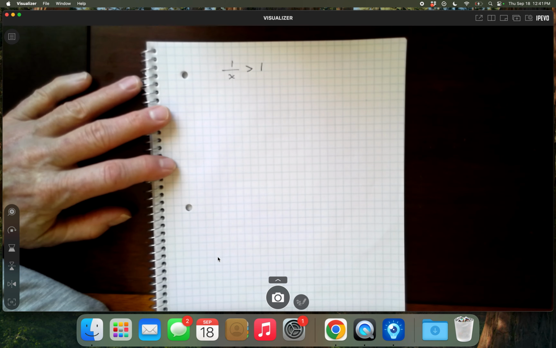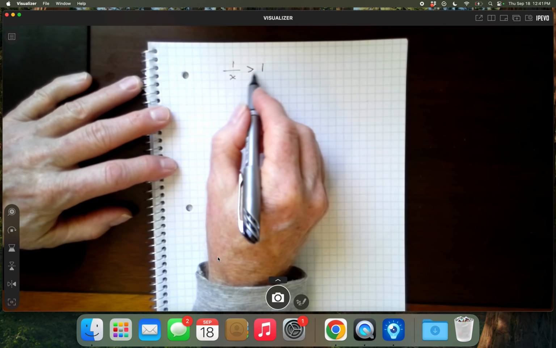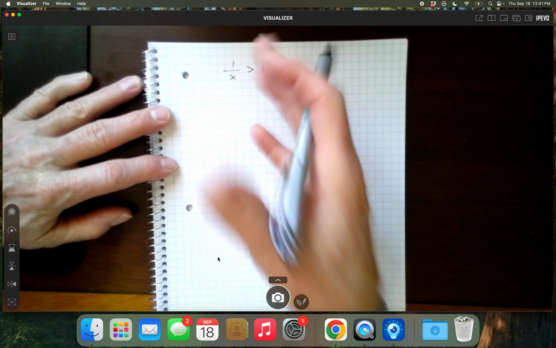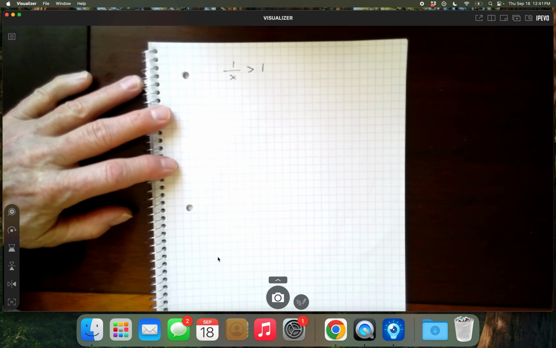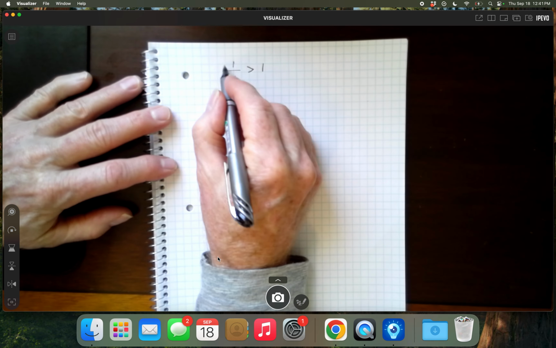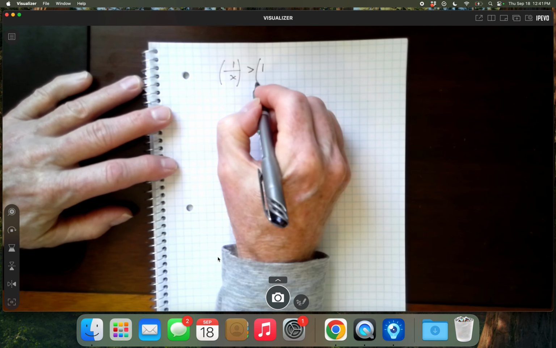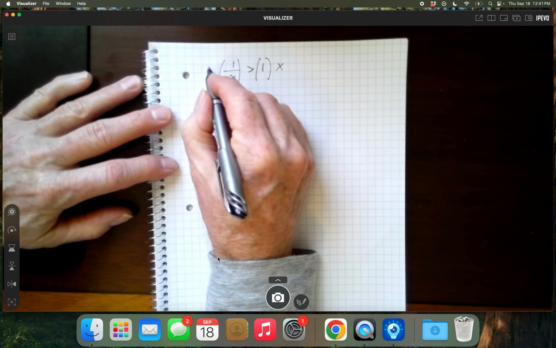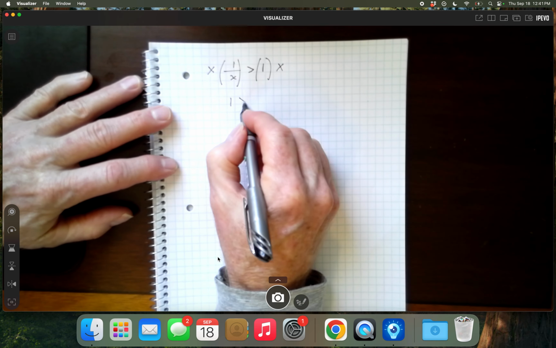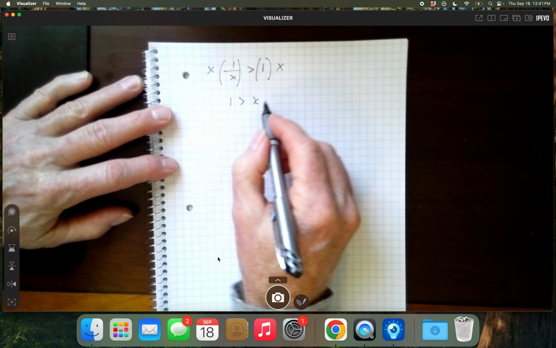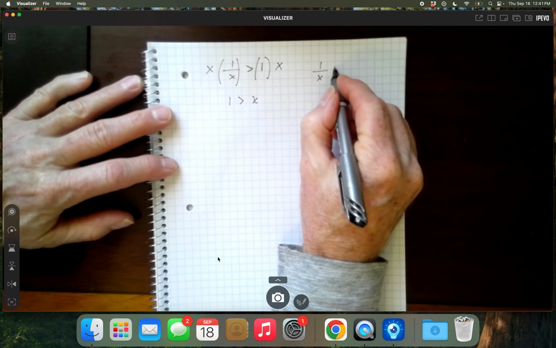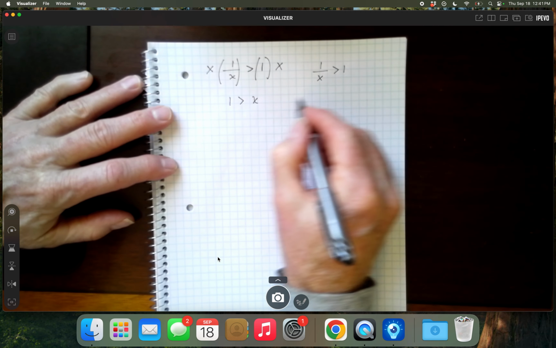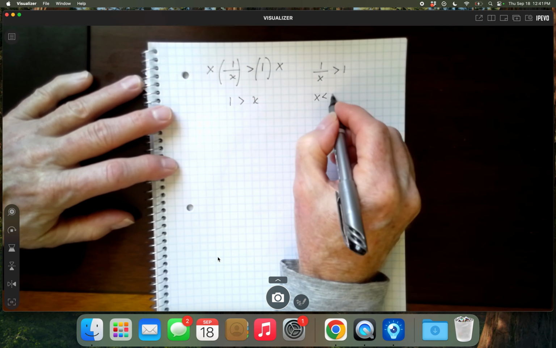Students would usually try to clear the fraction. If it was an equation, this would be okay. So I'm going to multiply both sides by x, so I get 1, and so 1 over x greater than 1 means x is less than 1.